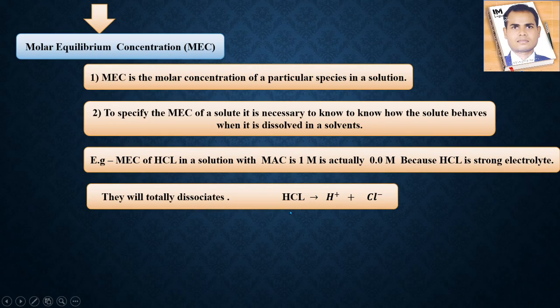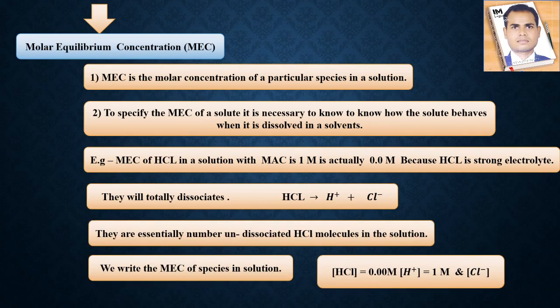In this way HCl dissociates, it gives H plus and Cl minus. After dissociation you get cations and anions, because it is a strong electrolyte, it will completely dissociate into ions. So there are essentially no undissociated HCl molecules in the solution.